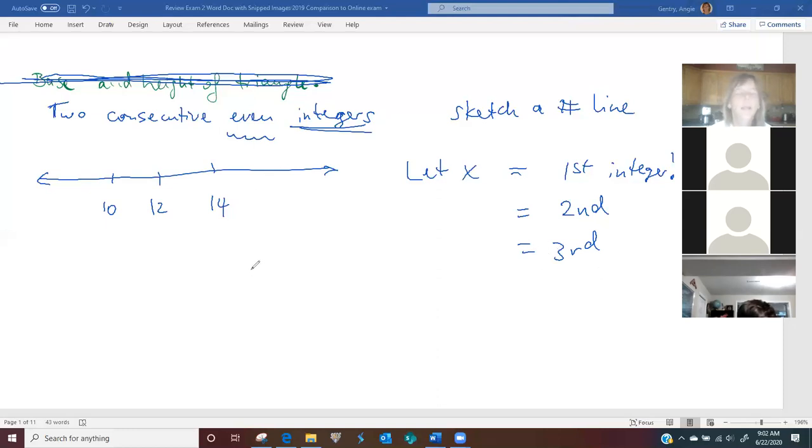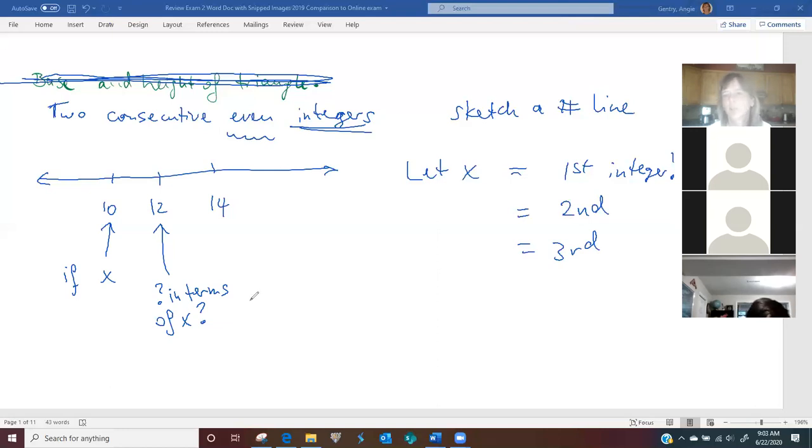So you say, okay, let x be the first. So you said, let x be this guy. I'm not saying x is 10, that's what I need people to understand. But if x is 10, then what is this guy in terms of x? That's the critical question.